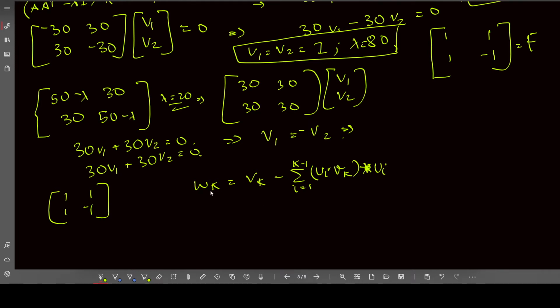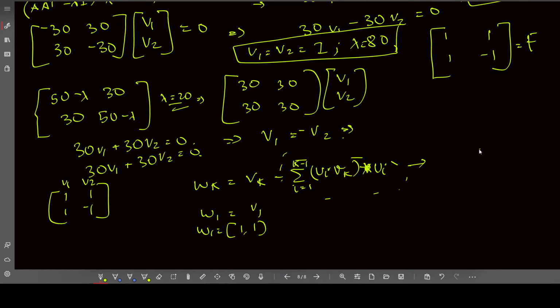Now when k is equal to 1, this entire value will be 0 because k minus 1 is 1 minus 1 equal to 0. So w1 is equal to v1. This is V1, this is V2, right? So for the first iteration, W1 is just equal to 1 comma 1.